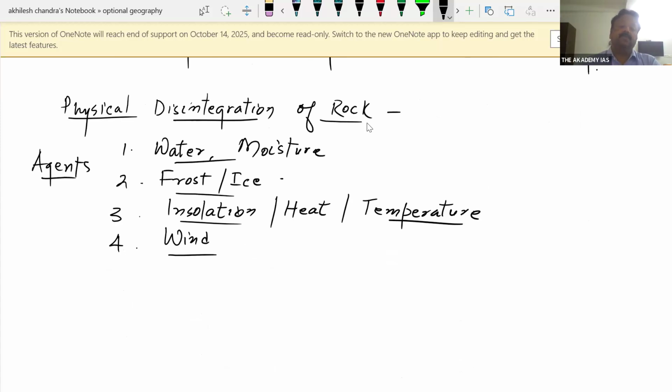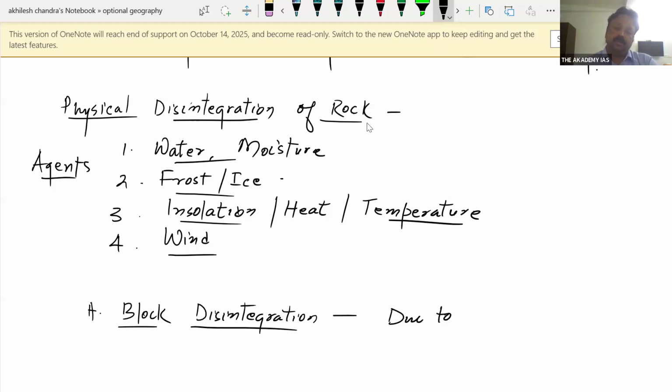And some example of physical weathering is block disintegration due to temperature change. First one is block disintegration due to change in temperature.